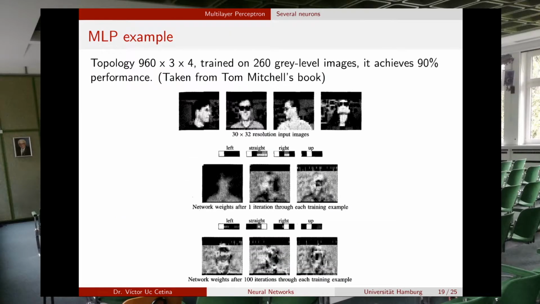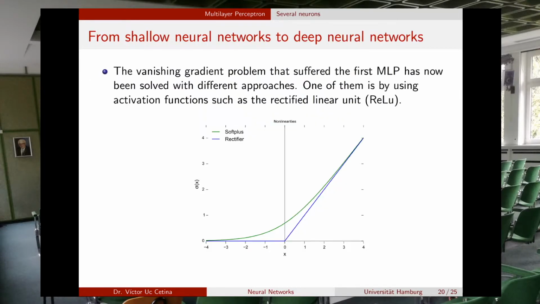Okay, so these networks at some point got stuck because people couldn't keep adding more hidden layers, because the network simply stopped learning. But then we went from these shallow neural networks to what we know now as deep neural networks. The way they solved the vanishing gradient problem was by changing the activation function.